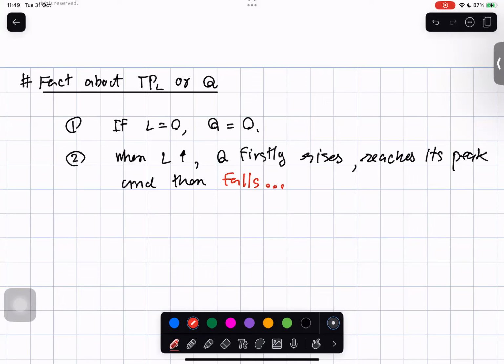When we use small L with the fixed K capital, cookie increase when labor increase, reach its peak at 110. Q max is 110. When L equal to 11, Q max and stop to increase.